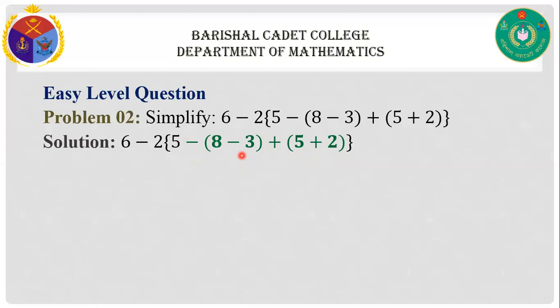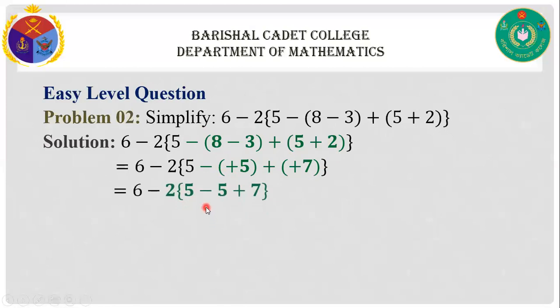8 minus 3, that means plus 5, and 5 plus 2, that is plus 7. So this is plus 5, and before the first bracket, we have negative sign. So sign of this 5 will be changed to minus 5. And here positive sign, so this positive sign will remain same.